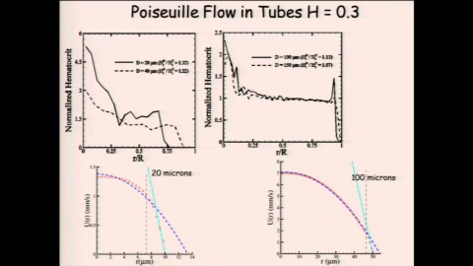What's worth noting here is that the dashed curve is a parabola which has been fitted, and it just about fits everything exactly except at the wall. The straight line is what you predict if you use the solvent viscosity in that region.